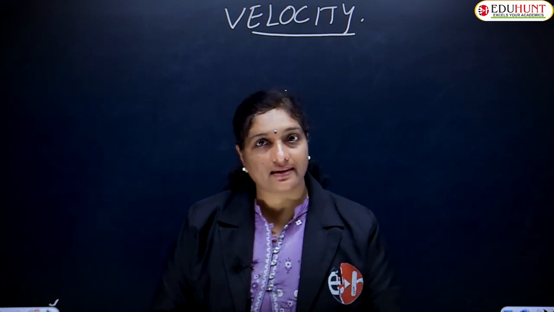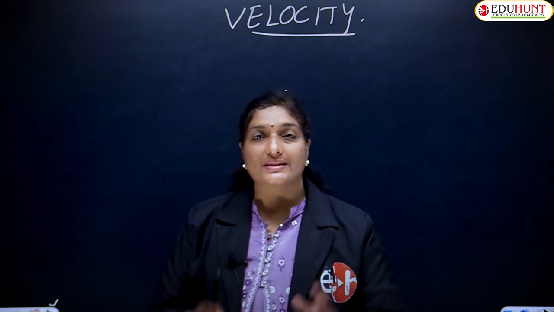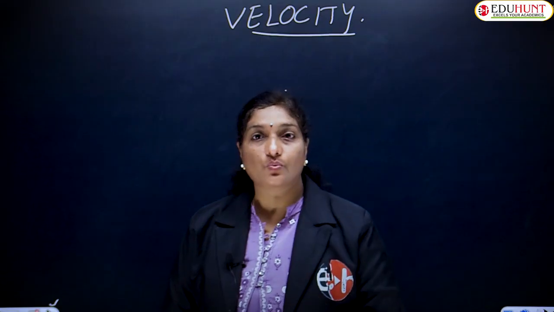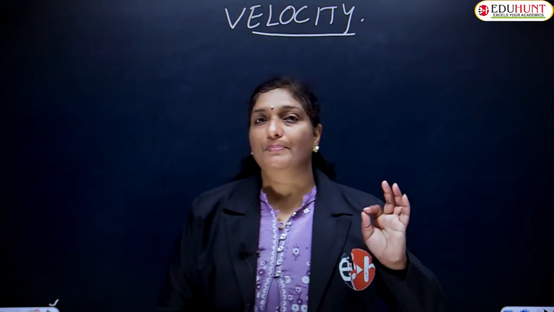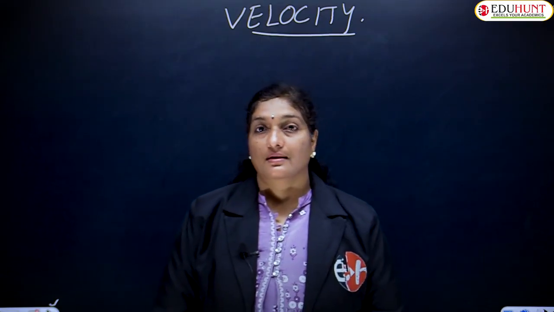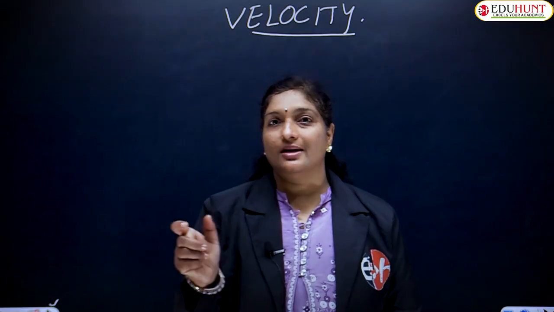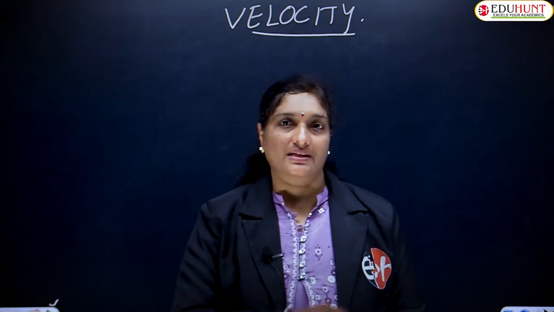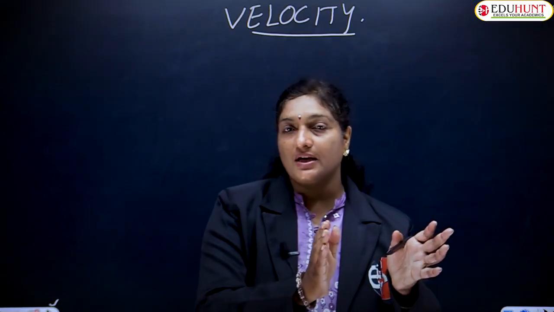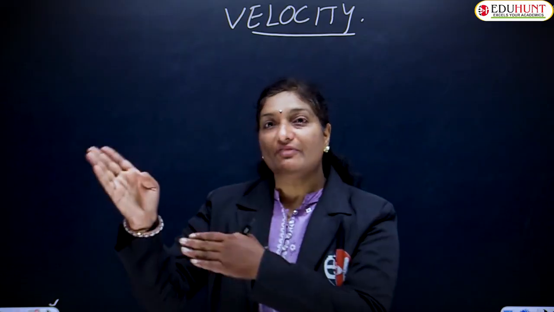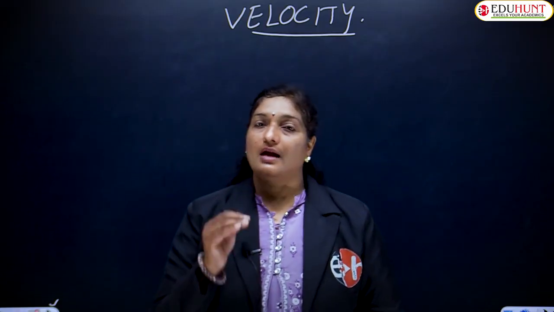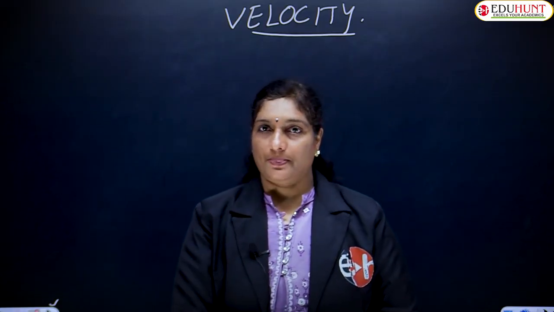But if we say that the car moves with 10 meters per second towards east, then the picture is very clear. This introduces the concept of velocity. That means speed of the car in a specified direction comes under velocity.